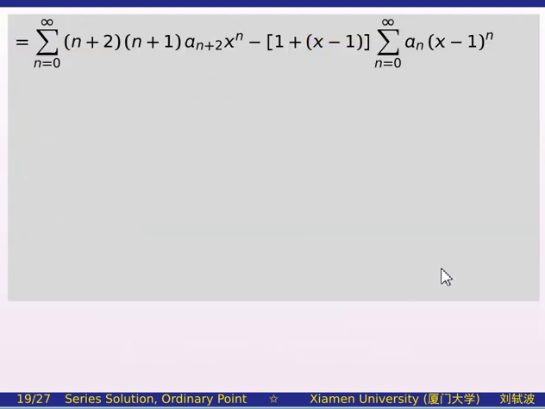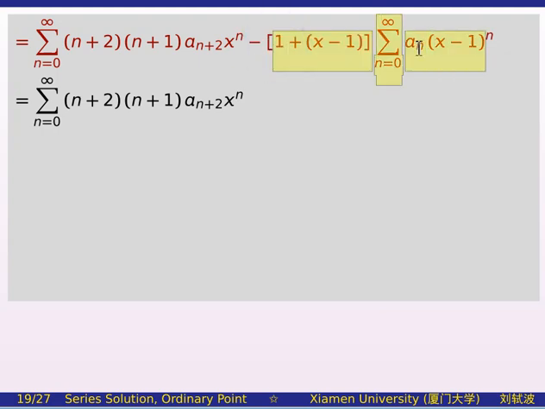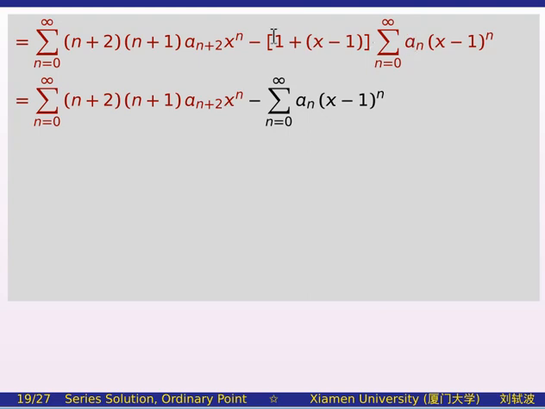Next page is here. So also this x should be x minus 1, the misprint. Okay, so after splitting into two terms, we have 1 multiplied by the summation of a_n (x minus 1)^n, and then the x minus 1 multiplying this summation.